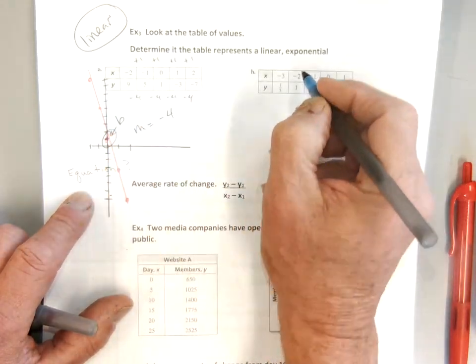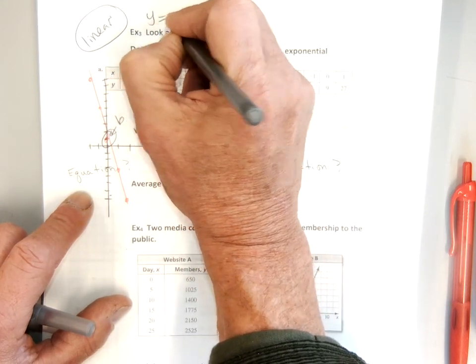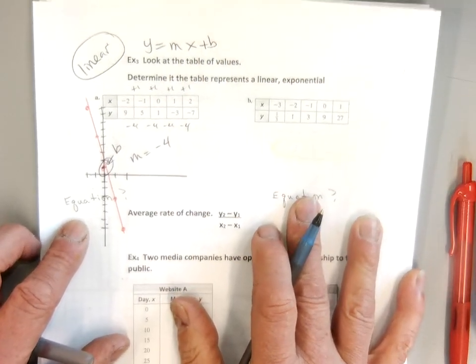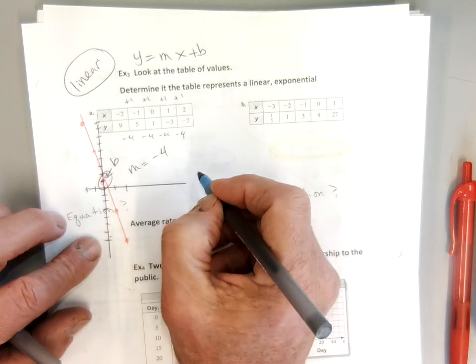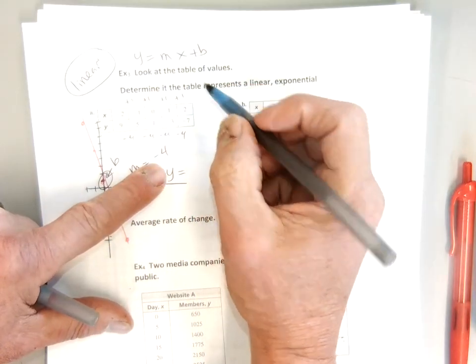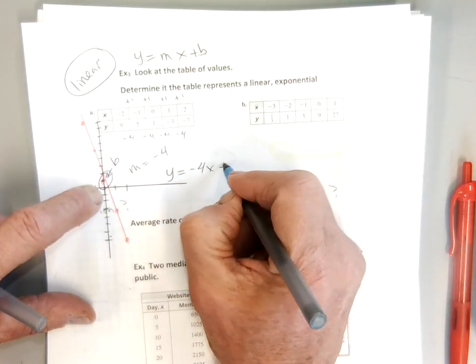So if I know it's linear, I'm going to use y equals mx plus b, because that's my linear, right? So I'm going to use this formula, and I'm going to go y equals, my slope is negative 4x, my y-intercept is positive 1.